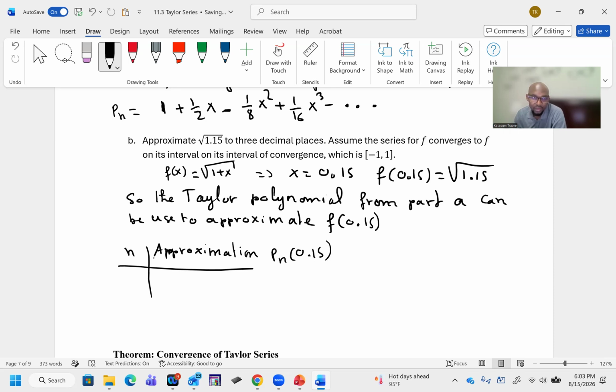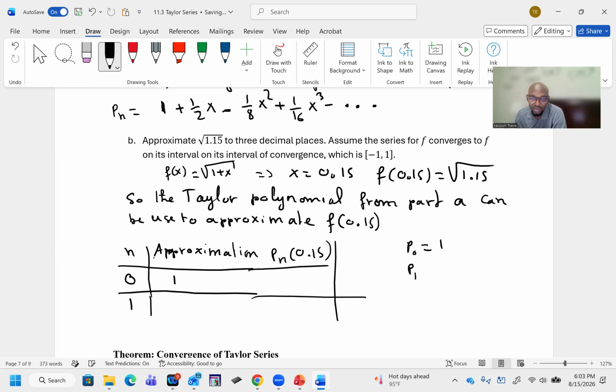Do not forget, okay, if n is 0, P of 1 is what? 1. You can put 1.0. If n is 1, P of 1 is 1 plus 1. So let's not forget where we are substituting, okay? I'm going to help you here. P sub 0 is equal to 1.